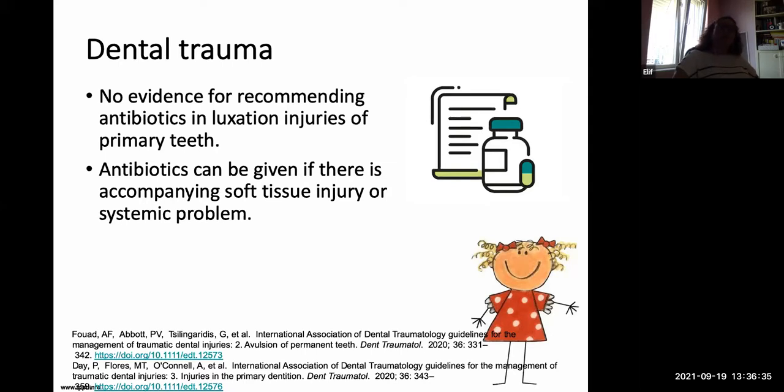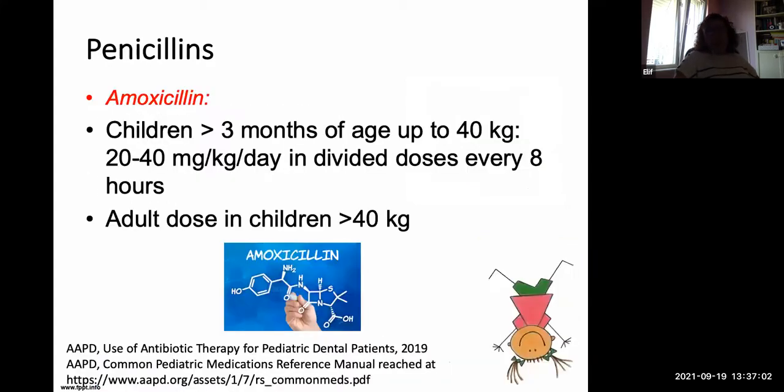So we have to examine the patient first in detail. If there's only a luxation injury or just a simple fracture of a tooth, we don't need to prescribe any antibiotics. But if there is an accompanying laceration or puncture wound or any systemic problem, we might prescribe antibiotics in those cases.